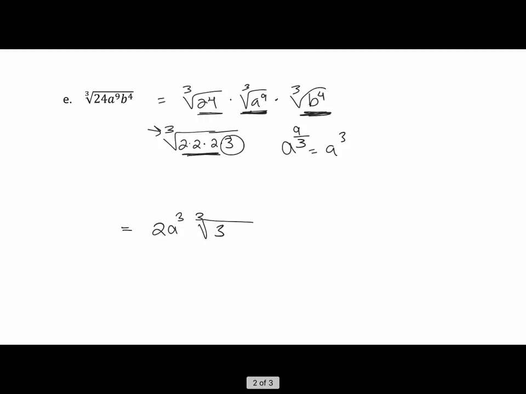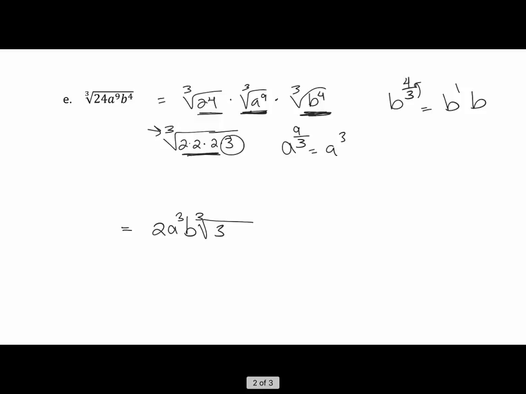And finally, the cubed root of b to the 4th. So I'll change that to a fractional exponent. And this is an improper fraction that doesn't simplify to a whole number. So 3 goes into 4 one whole time. So that means one factor of b has been completely cube rooted.